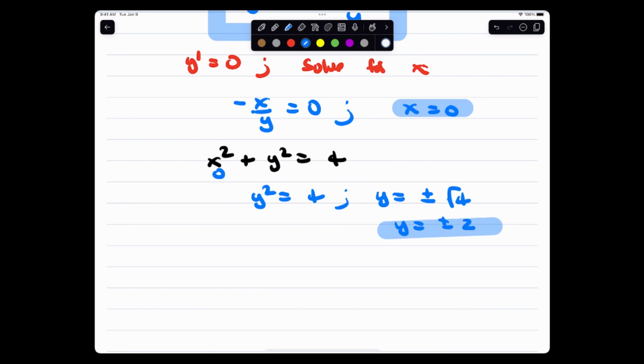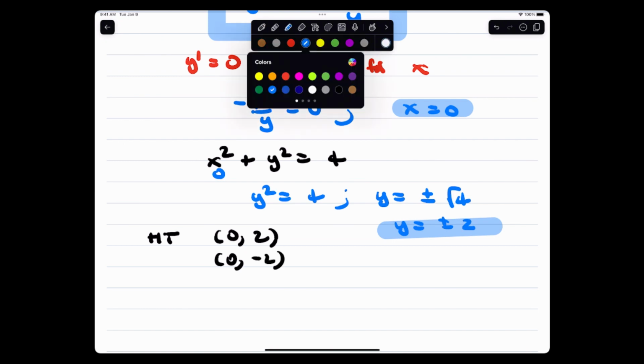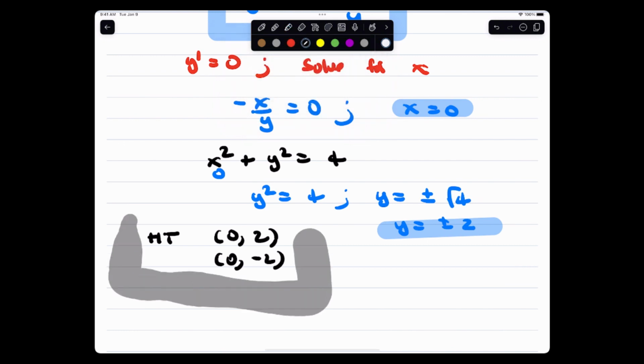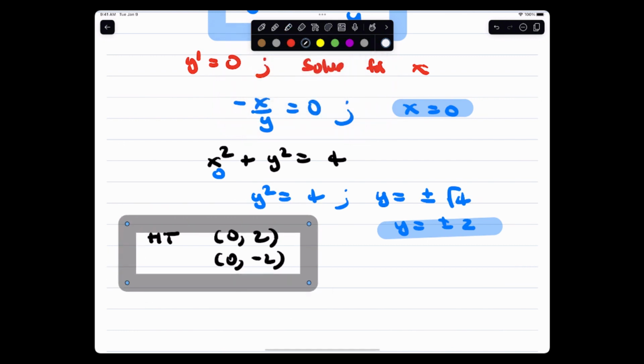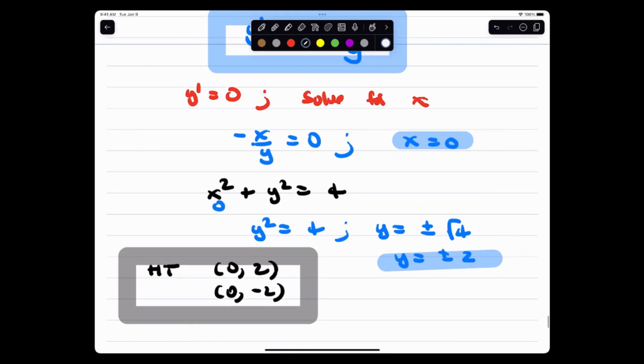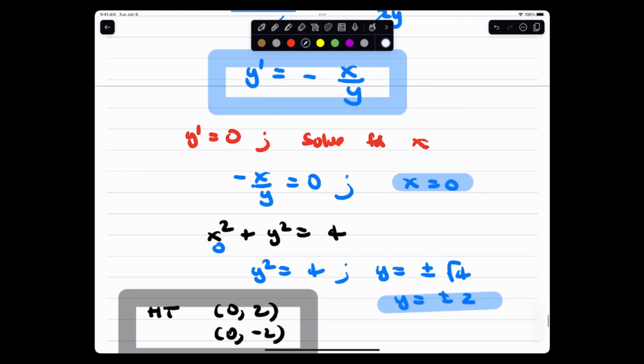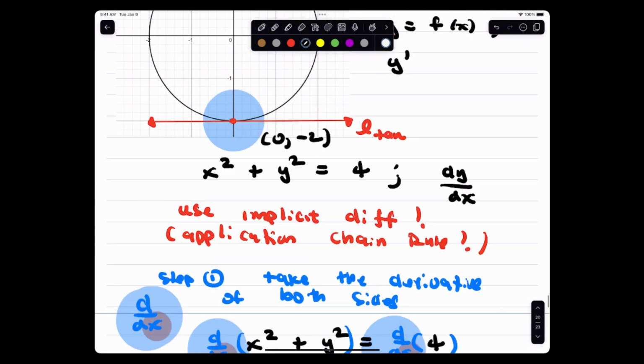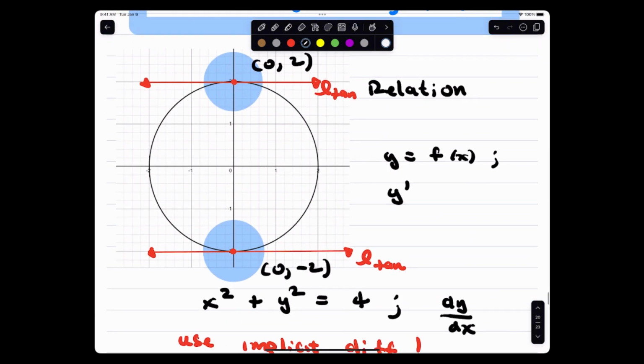So this is the analysis, which is consistent with the picture. Horizontal tangents happen when x is 0, y is 2, and when x is 0, y is negative 2. So this is the area where we're headed with some of these derivatives. Just so you guys know, with some of these relations, we can find those locations in the same way we did before. That's all. I just wanted to share that with you: why you care about a derivative, and then the geometry of the picture, and this is implicit.